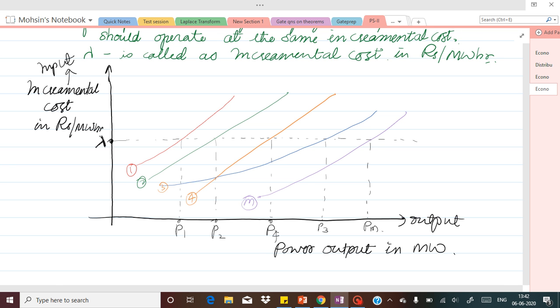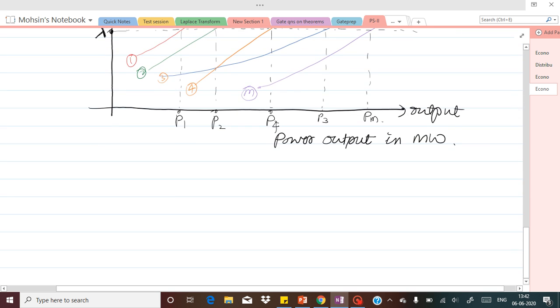So this is the graphical representation of economic dispatch of M generating units. So this particular figure represents the graphical interpretation of economic dispatch of M generating units.